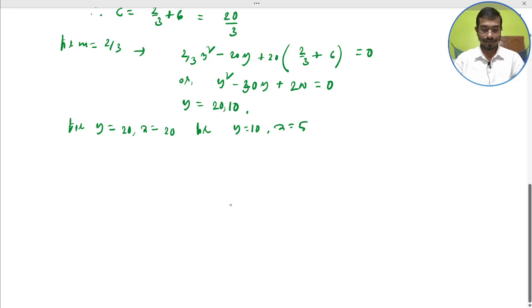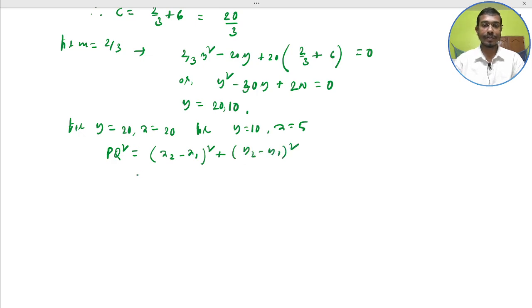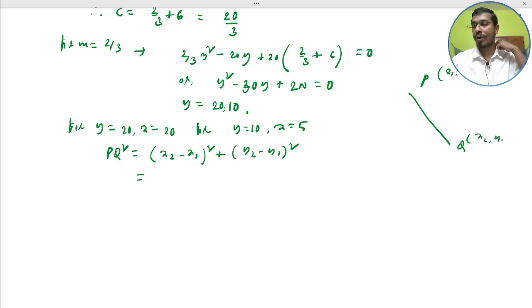Solve this one. PQ square is what? This is (x2 minus x1) whole square plus (y2 minus y1) whole square. So because we would get the two points (x1, y1) and (x2, y2), this is basically PQ. You would get the value of r.